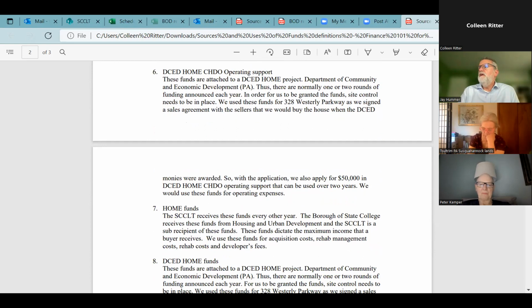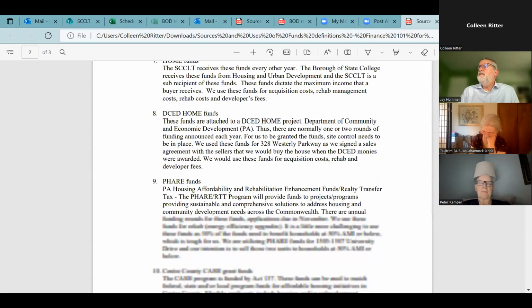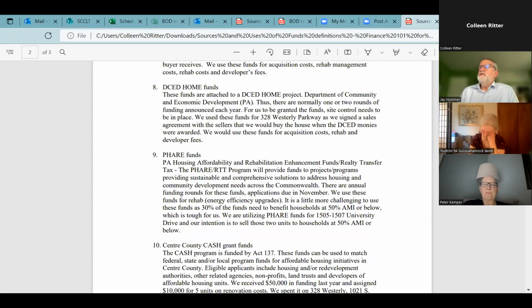So we just talked about HOME funds and DCED HOME funds. Those funds, Colleen, still originate at the federal level, right? They do. Then they come to the state, and the state can distribute them to CHODOs, community housing development organizations.